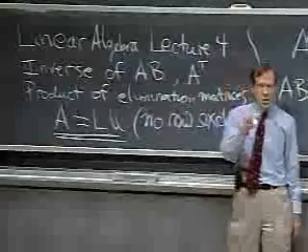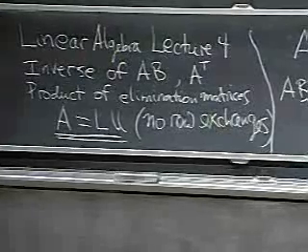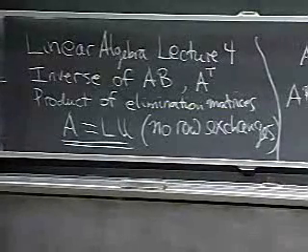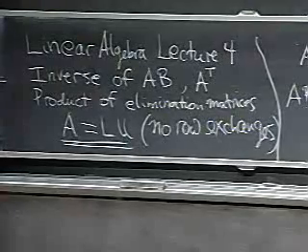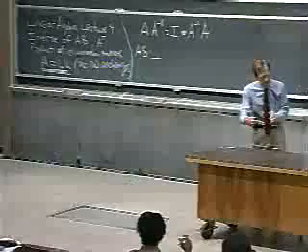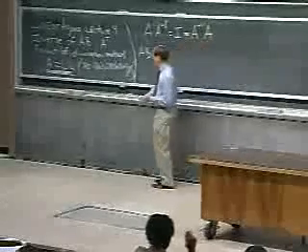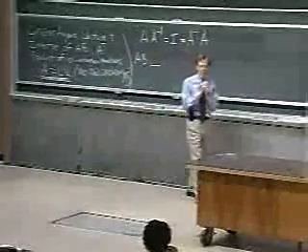So the net result of today's lecture is this great way to look at Gaussian elimination. We know that we get from A to U by elimination. We know the steps, but now we get the right way to look at it, A equals LU. So that's the high point for today.